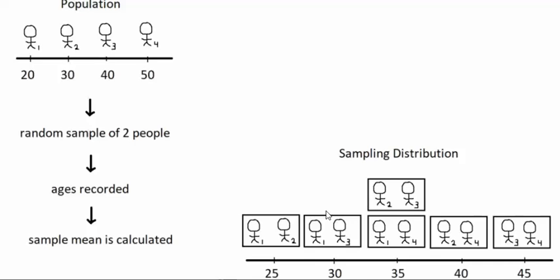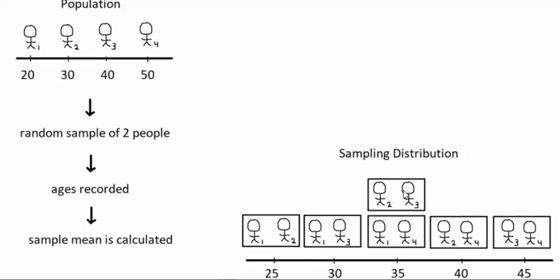There is also a 1/6 probability that this sample mean will come out to 30, because 1 out of 6 possible samples have a mean of 30, right? There is a 2/6 probability that this sample mean will come out to 35, because there's 2 ways for it to happen, right? If these two people are chosen, the mean is 35.